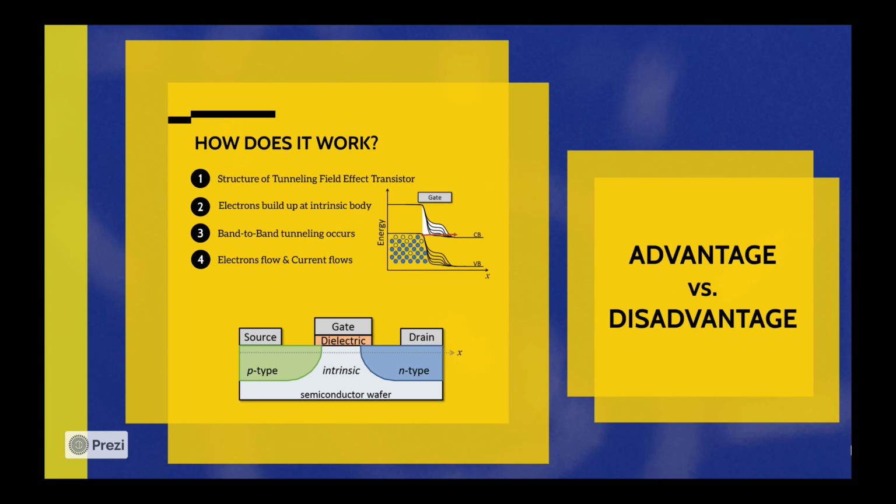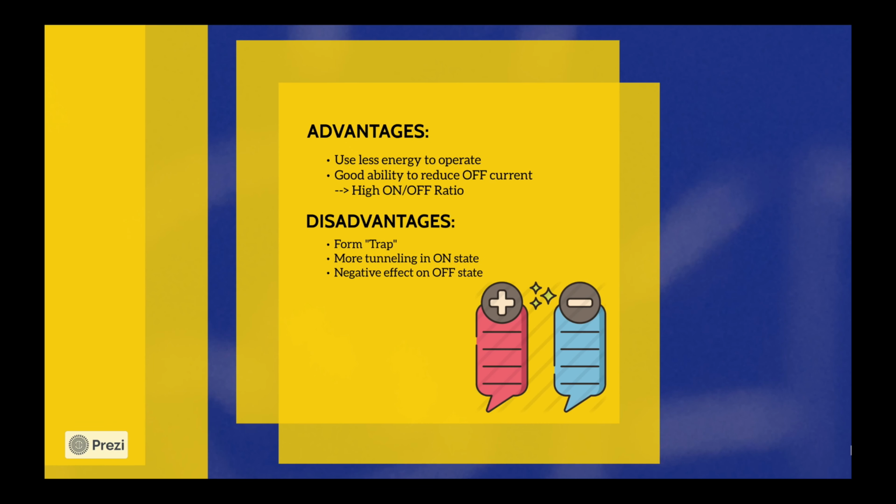However, when the gate terminal bias is reduced, the bands are not aligned and current does not flow. So simply, it uses the tunneling effect to flow current through the device. Until now, I talked about how it functions, but let's look at some advantages and disadvantages.